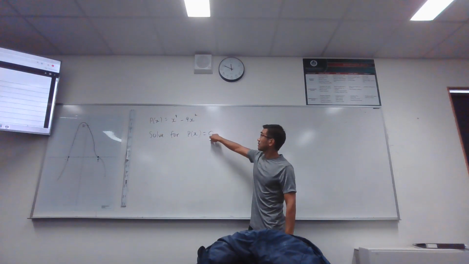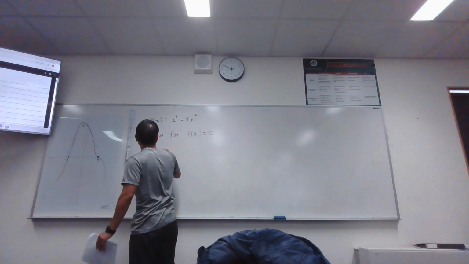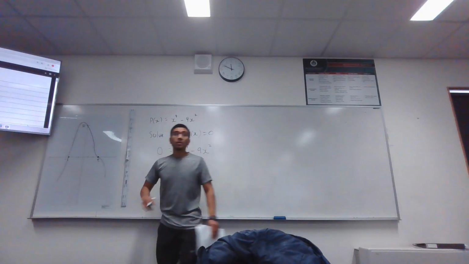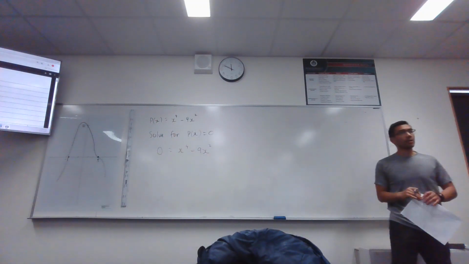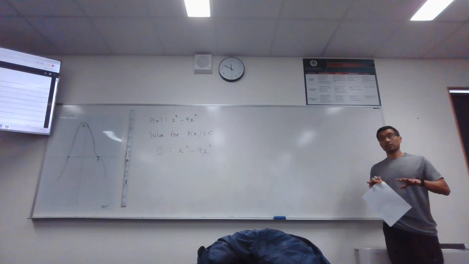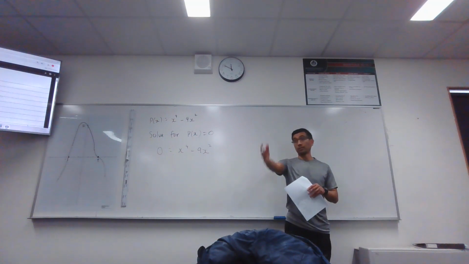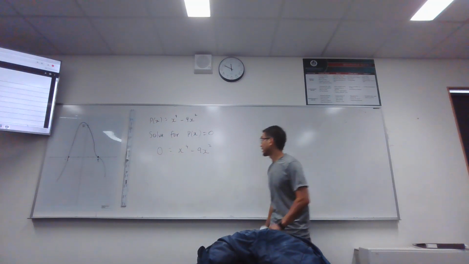Px equals 0. This is just going to change it to 0. But what can I do to start with the next step? Nathan, can you take x squared out? You can take x squared out.